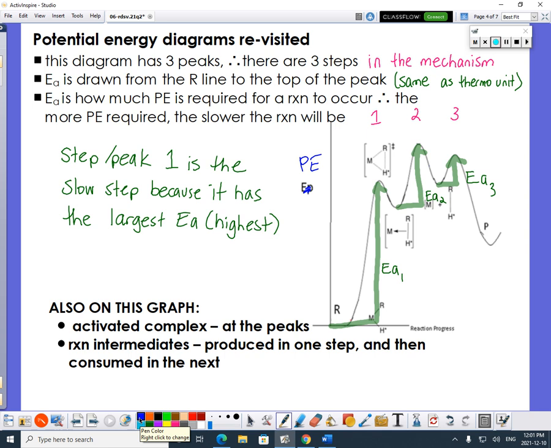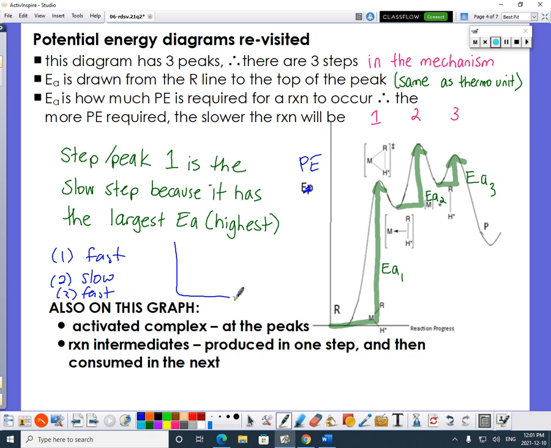If you go the other way and you're given a mechanism and you have to draw the diagram, make it exaggerated. So let's say you had a mechanism, you can write this down or not: step 1 was fast, step 2 was slow, step 3 was fast.